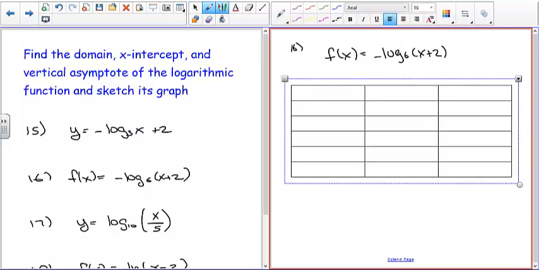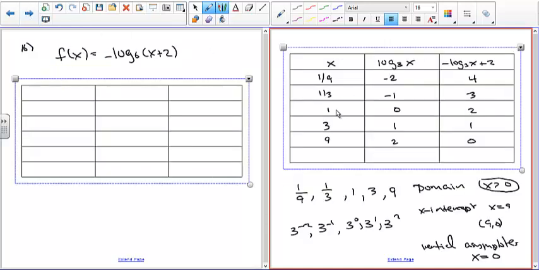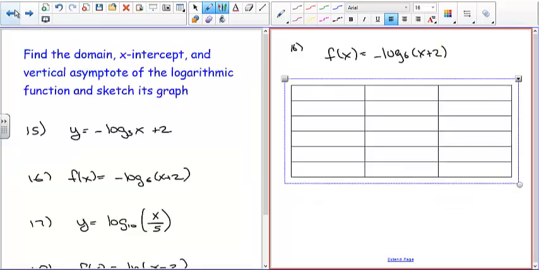Now, if you remember, the log base anything of 1 is going to be 0. So instead of what we did on the previous problem, where we let x equals 1 be the case where log base 3 of x was 0, we'll do the same kind of thing here.